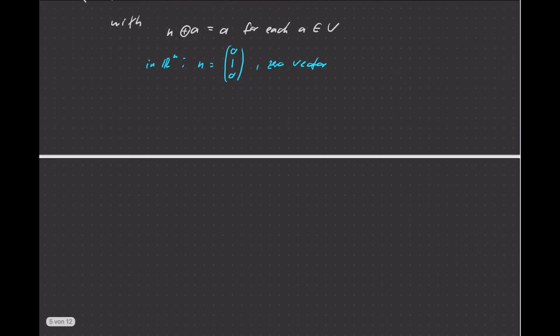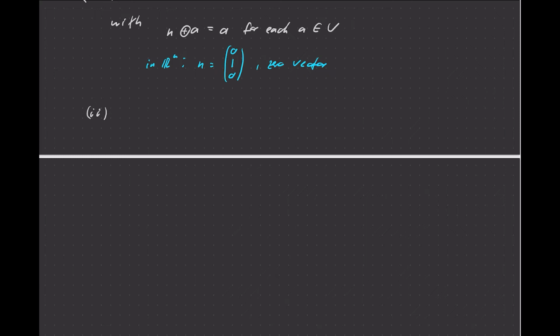Second, we'd like to be able to reverse an addition. So if we add a vector to some other vector, then we'd like to be able to get back to the original vector by adding something else. And this something else is called the inverse element.